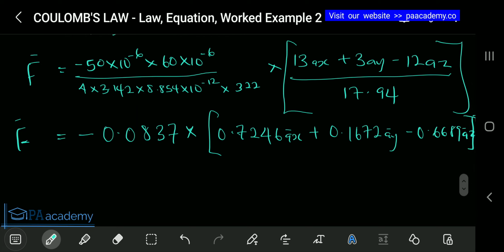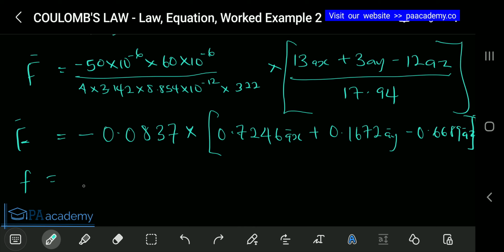At the same time you can divide this 0.0837 by 17.94, then use it to multiply what we have here, so you still get the same answer.